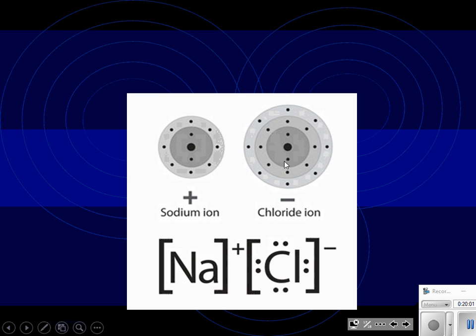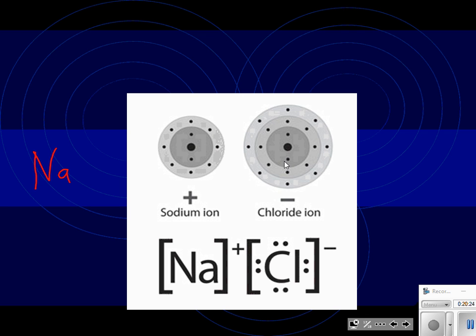So when we're dealing with the electron dot notation of ions, it's a little different. Because I look here. Here's sodium. And sodium has one dot, correct? Now, to make an ion, sodium does what? Ships it out, loses it.